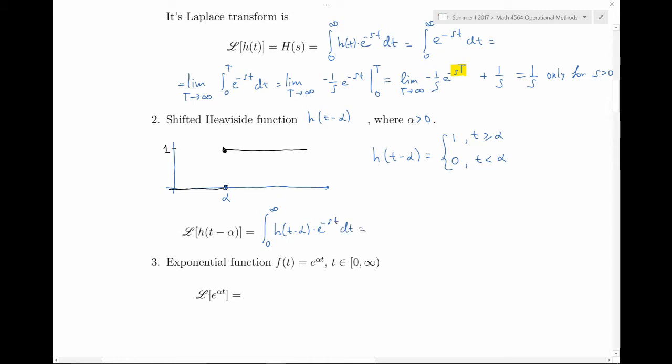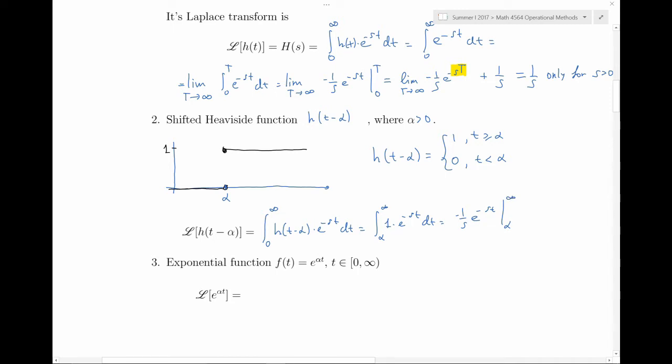Well, since this function is 0 up to alpha, this is the same as the integral from alpha to infinity of 1 times e to the minus st dt. Well, this has the same antiderivative, which is minus 1 over s e to the minus st evaluated from alpha to infinity.